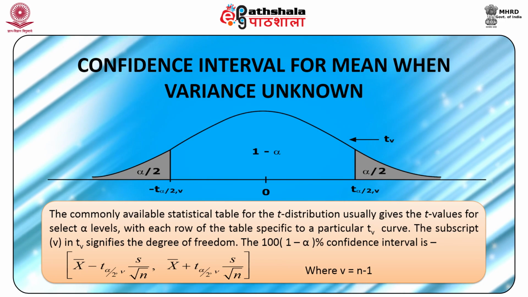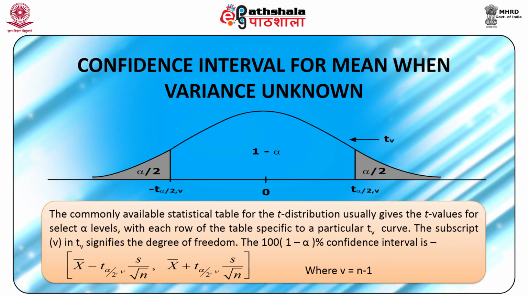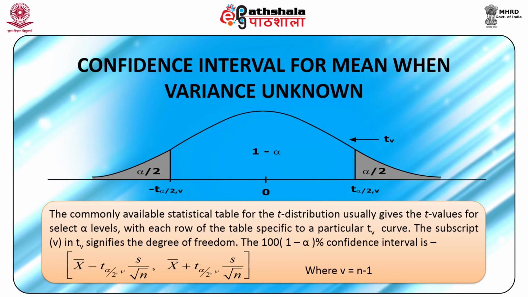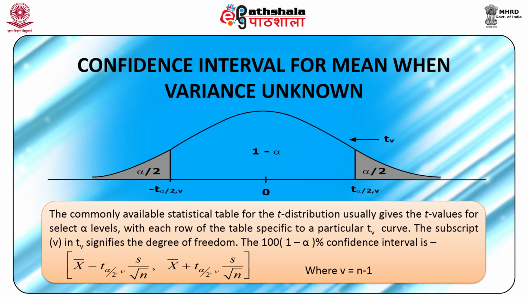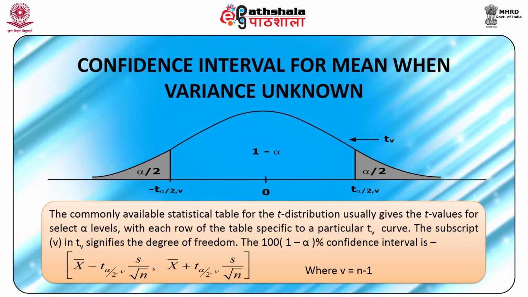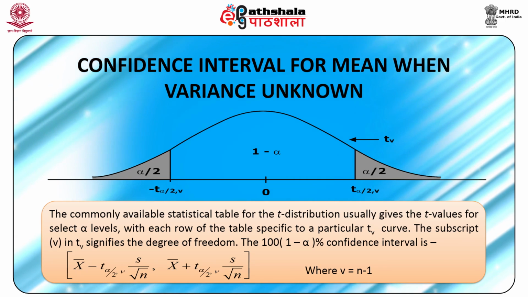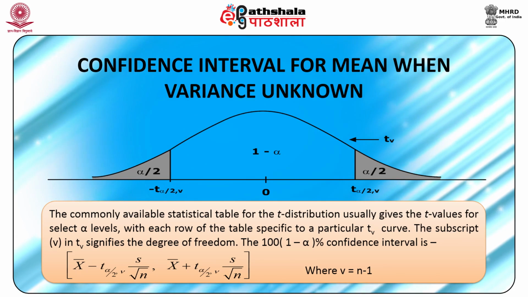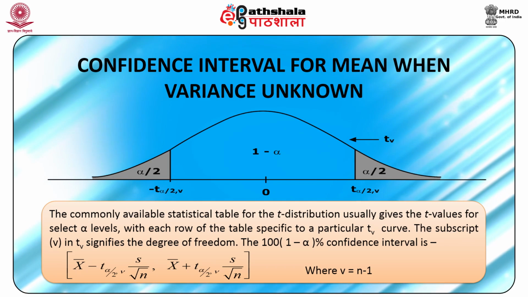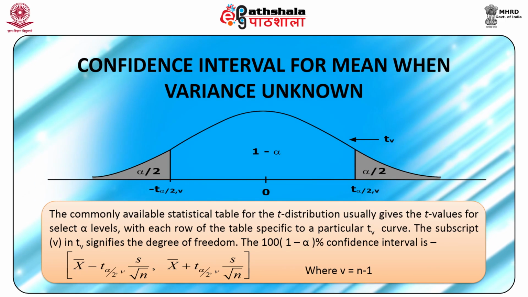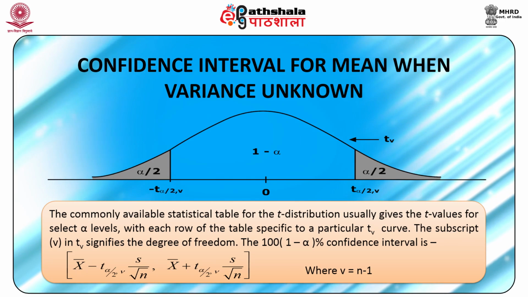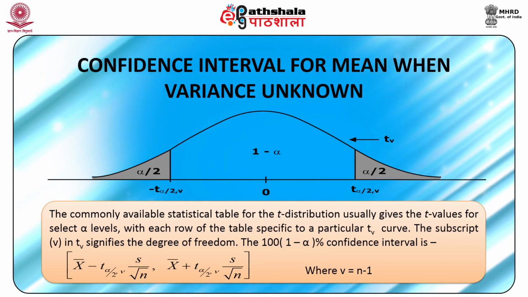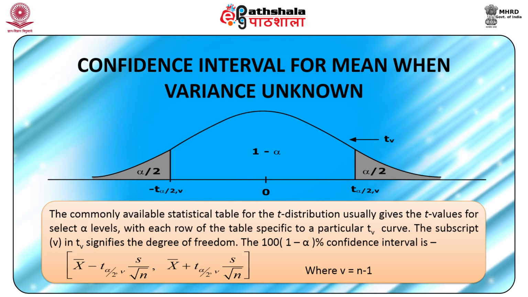The 100 × (1 minus alpha) percent confidence interval is now written as x bar minus t alpha by 2, nu into s upon root n, and x bar plus t alpha by 2, nu into s upon root n, where nu is equal to n minus 1. Let me repeat and emphasize that this t value depends upon both alpha as well as nu, which is the degrees of freedom.